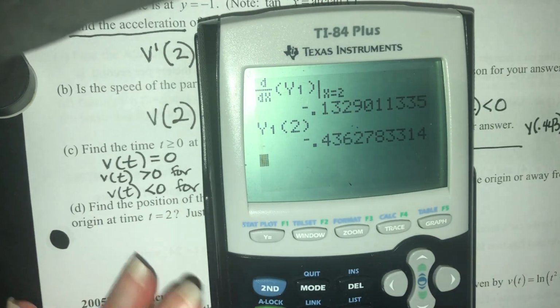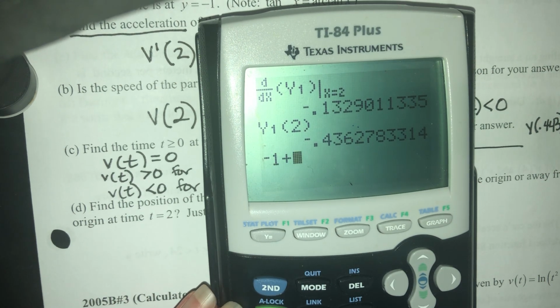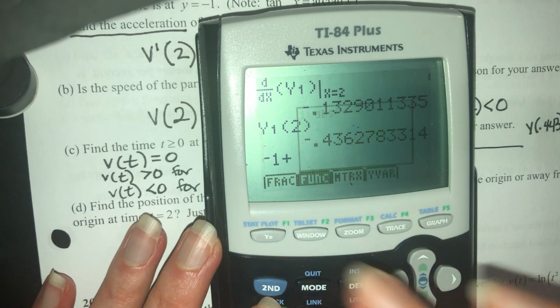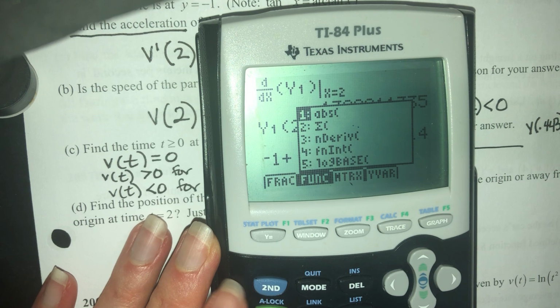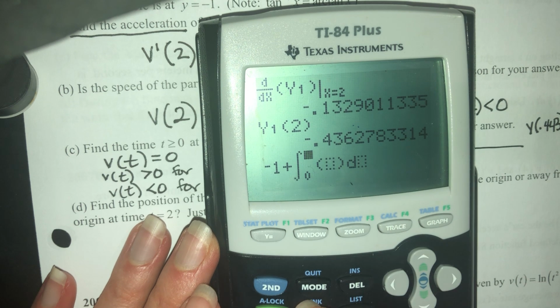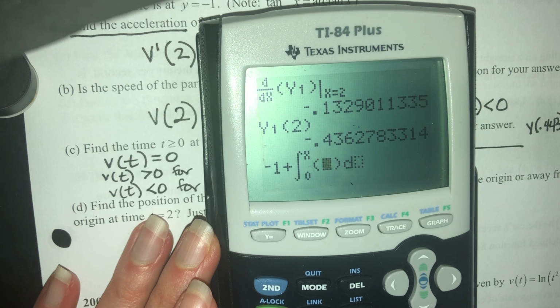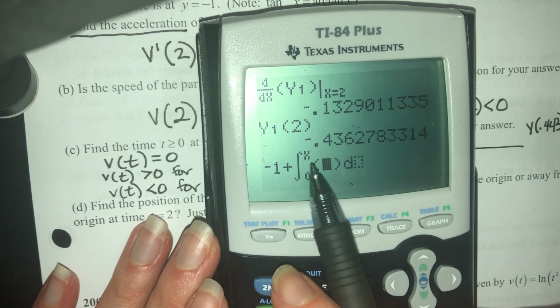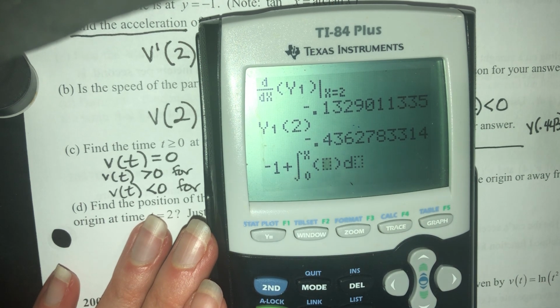So from the home screen, we'll type in -1 plus alpha window, number 4 for function integral, start at 0, and I'm not going to put that rounded value. I'm going to hit x, which is going to bring that last value that I calculated in my graph for x, the x coordinate of the 0, into that upper limit of integration.